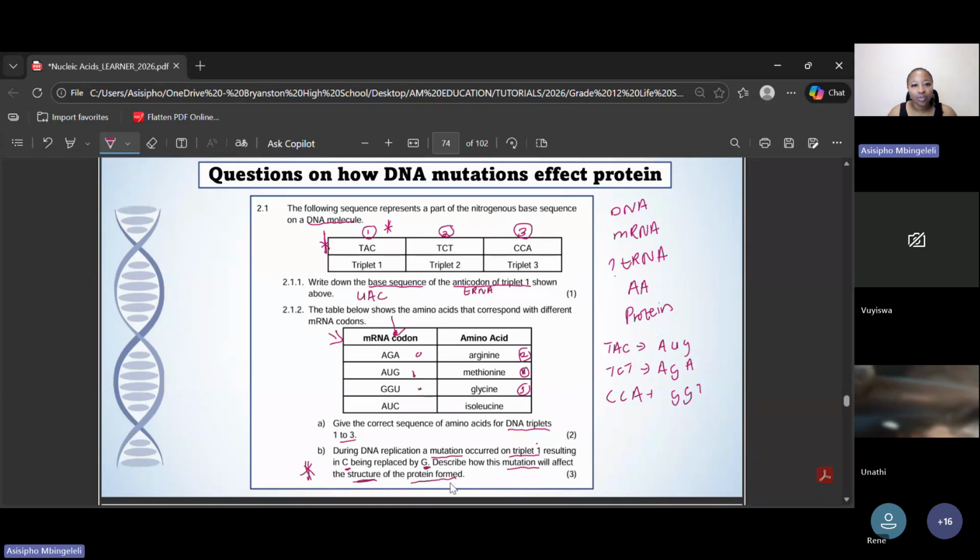They are asking you, is the protein that is going to be formed the same or different? That is the question. How are we going to figure this out?